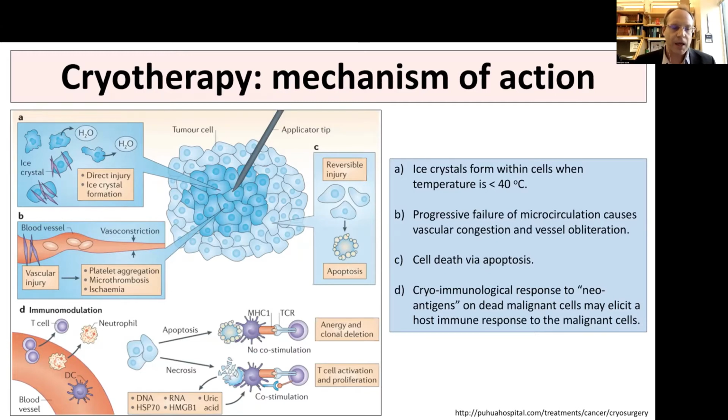It's thought that destruction of malignant cells can lead to some neoantigens on these dead malignant cells that can then elicit a host immune response to the malignant cells. That's indicated here at the bottom by the necrosis pathway, where you see some neoantigens produced from the malignant cells that activate T cells and lead to T cell proliferation.